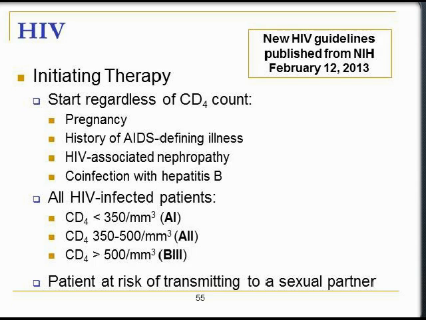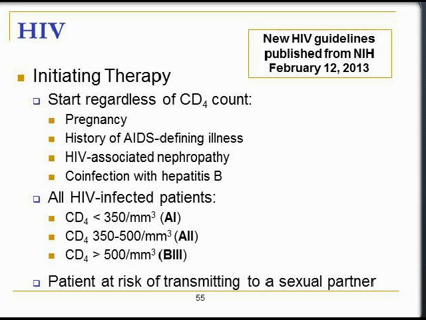Now, in all other patients, it's also recommended that you start therapy. And what they've now started doing in the guidelines is coding or grading their guidelines to allow a clinician to decide in that patient whether it should be used.